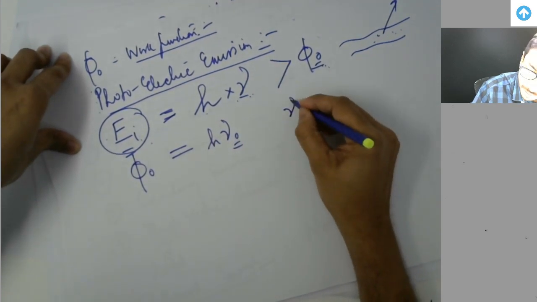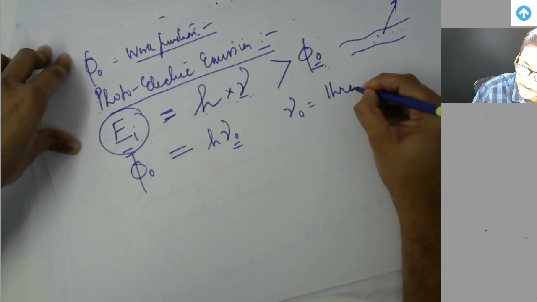Now, what is nu 0? Nu 0 is called the threshold frequency.